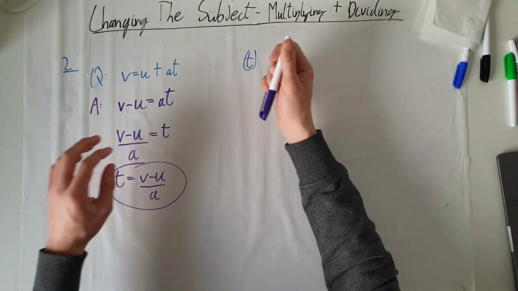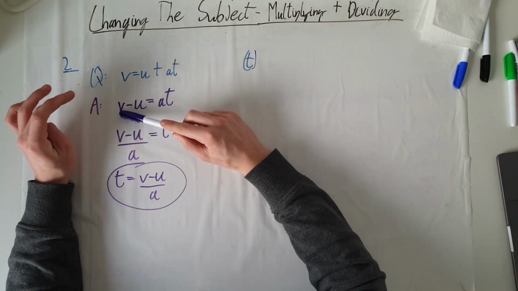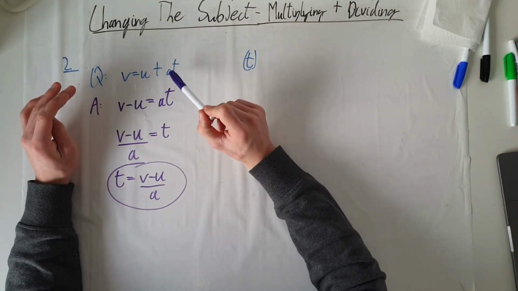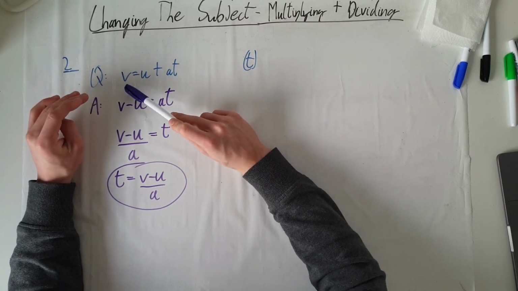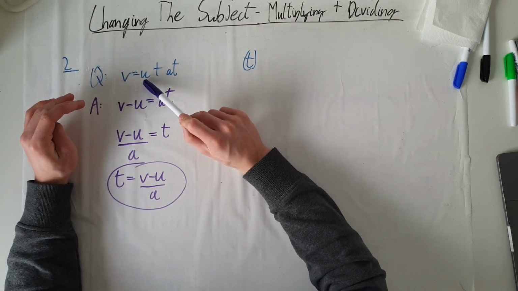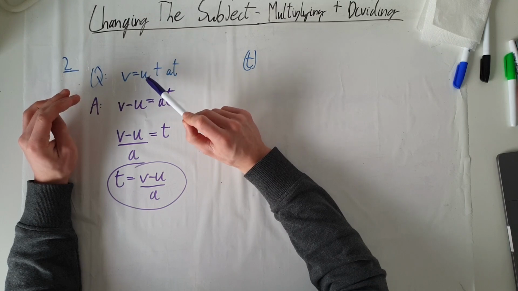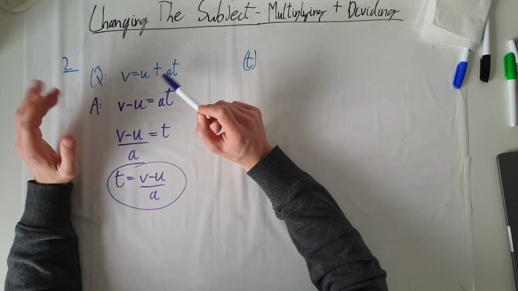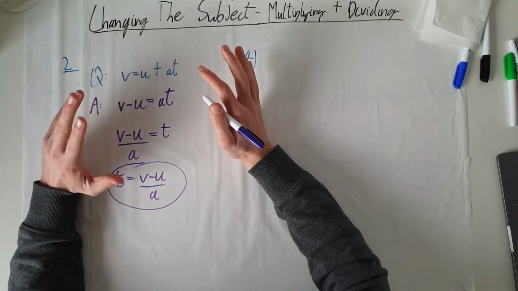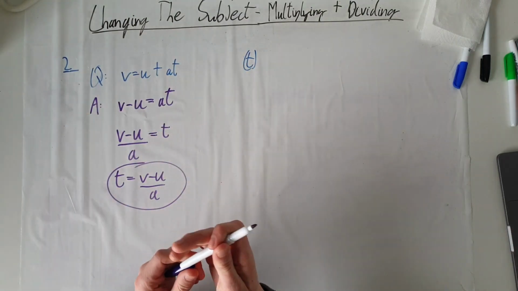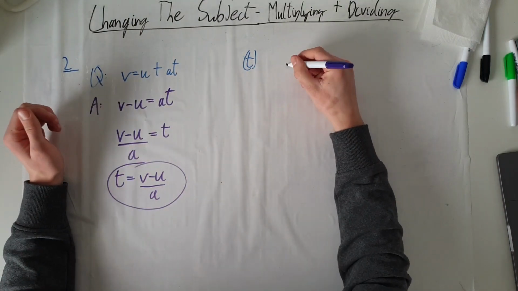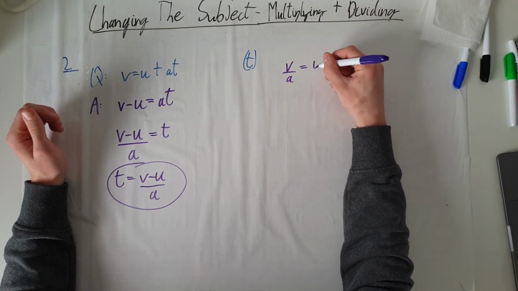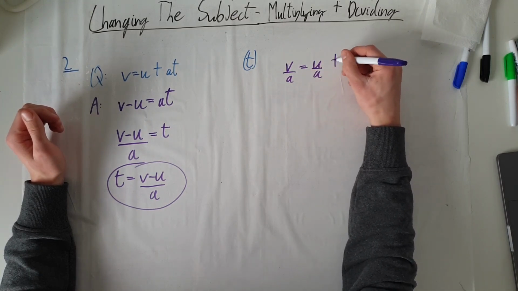If we hadn't moved this over first, we'd have to divide by A, so it'd be V over A is equal to U over A plus AT over A, or plus T. But it's not very good because it gets a bit messy very quickly. It'd be something like this is equal to U over A plus T.